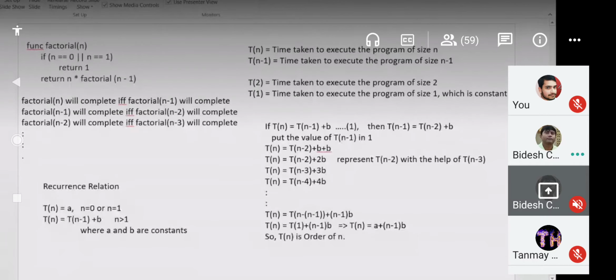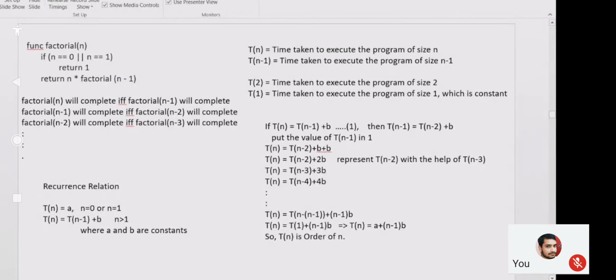Okay. So if T of n is equal to T of n minus 1 plus n minus 1 into b, then from there we can write T of 1. Now what is T of 1? It's a constant.